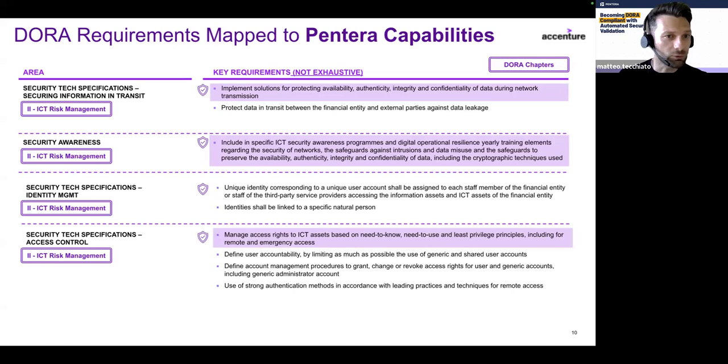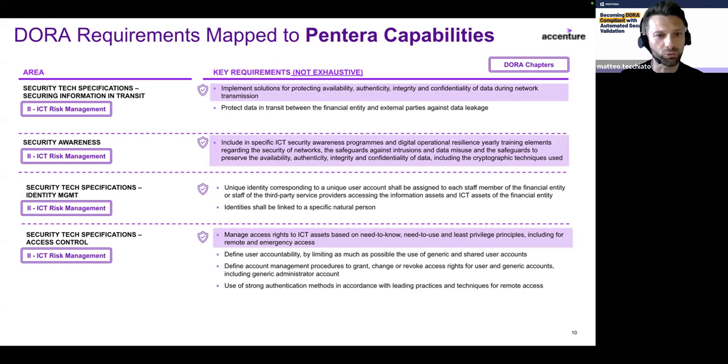And not only to the technical part, we can use a tool like Pentera to test if organizations are DORA compliant. Also in the awareness part, for example, it's strictly required to put in place a security awareness program, security learning for your IT department, your employees, and so on.